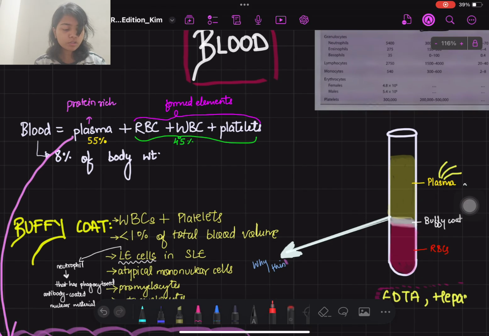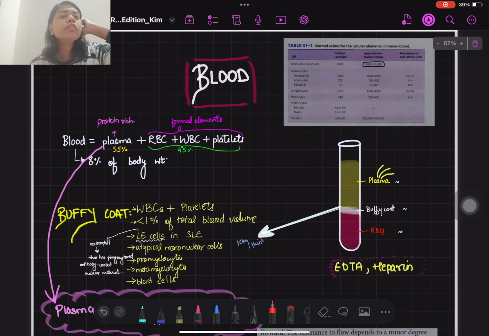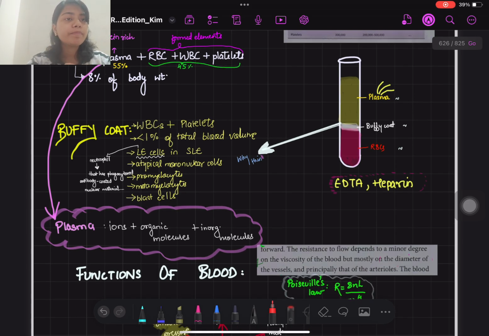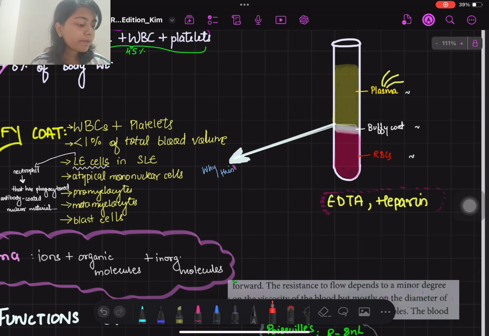Now we have understood the definition of blood. Now outside the body, how will you separate the blood? For separating the blood you need an anticoagulant tube, because inside the body blood has natural anticoagulants which prevent it from coagulation, but as soon as you take it outside the body, for separating we need to do it in an anticoagulant tube like EDTA or heparin.